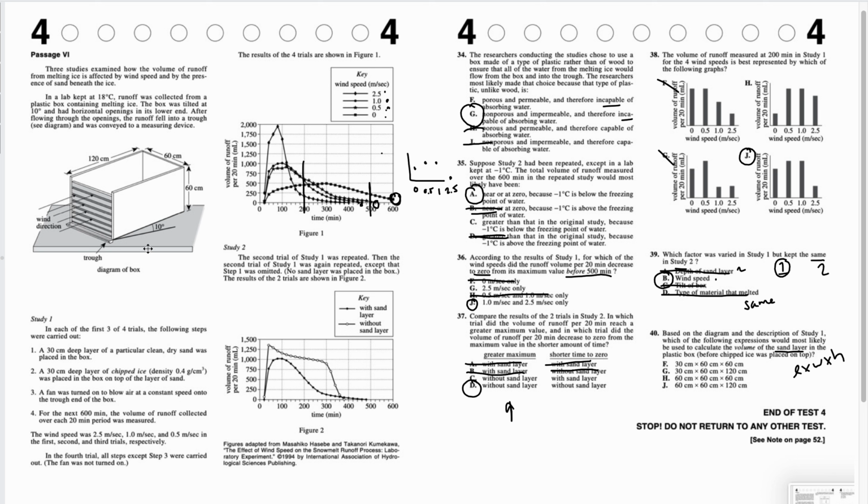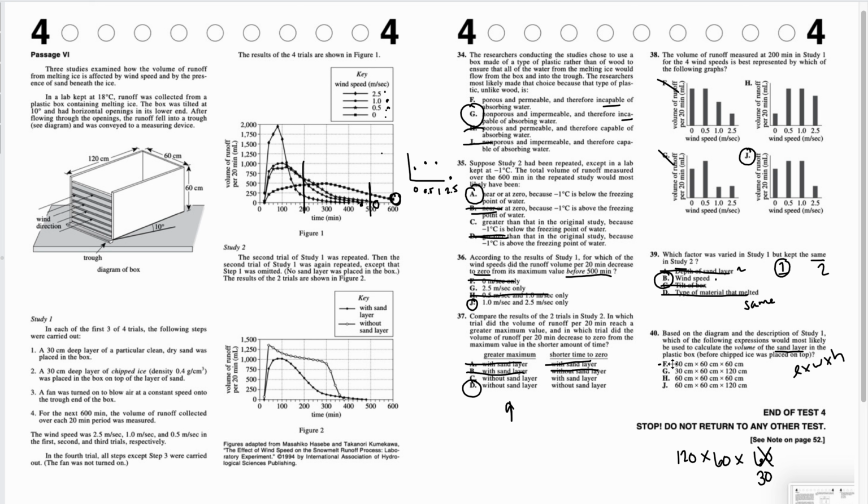Our length is going to be 120, so 120 times our width, 60, times our height of the box, 60. However, it doesn't say the volume of the box, it says the volume of the sand layer. So I don't want the height of 60. I actually want the height of the sand, which looks like 30 centimeters. So I'm going to do 120 times 60 times 30.